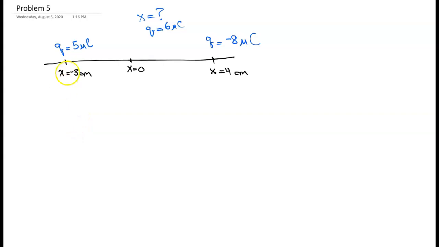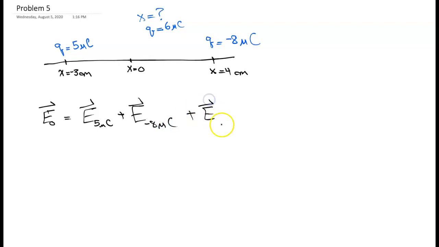We notice that we can rewrite the electric field at the origin as the electric field due to the 5 microcoulomb charge plus the electric field as a vector for the -8 microcoulomb charge, and lastly the electric field as a vector for the 6 microcoulomb charge.